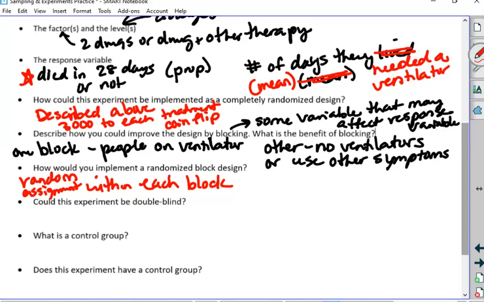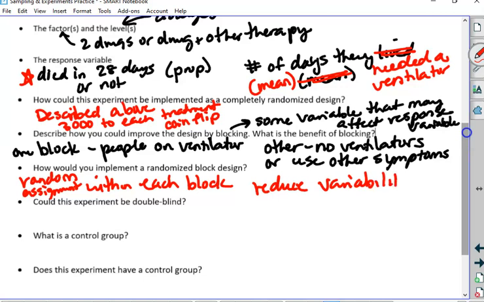Whereas if I have someone not on a ventilator who gets the new medicine and someone who is on a ventilator who does not get the new medicine, I may see a huge difference in improvement. Partially that is due to their original condition. So dividing them by their symptoms or by their level of severity of the illness might be good to do first. So you reduce variability this way.